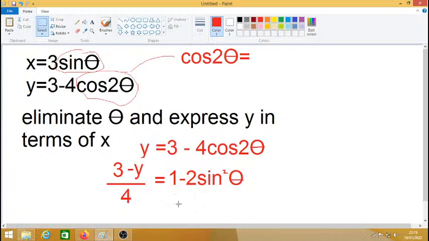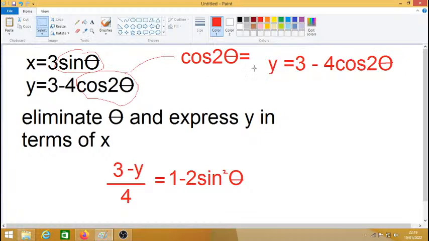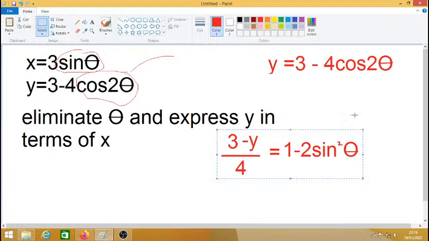Okay, good. So now a bit more rearranging. Let's just make ourselves a bit of room. We just want to rearrange this now so we've got the minus 2 sine squared theta at least as a positive. It's a bit hard to work with when it's a negative.